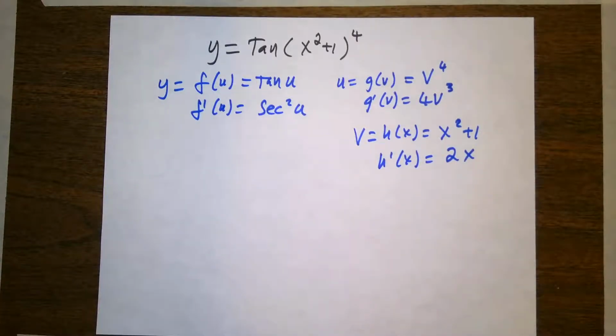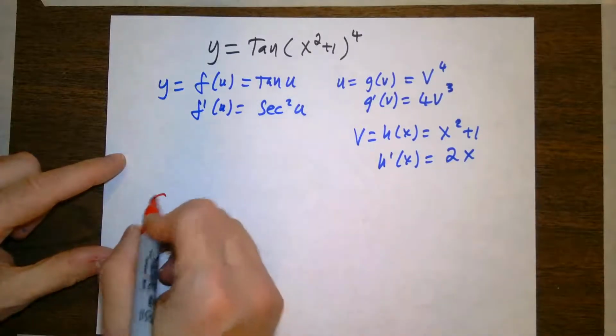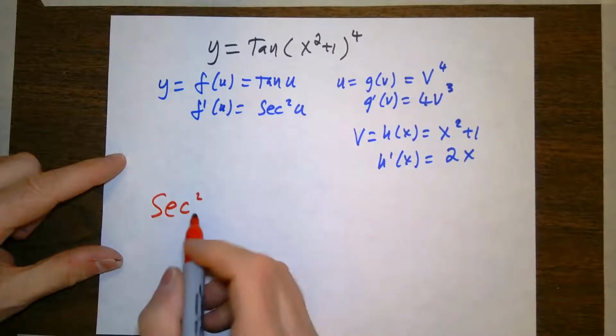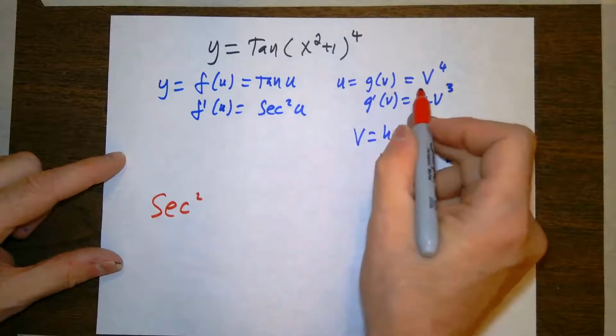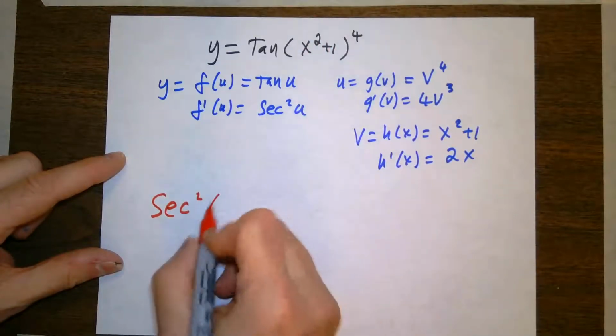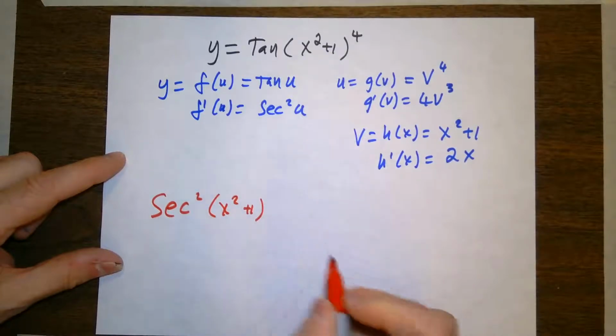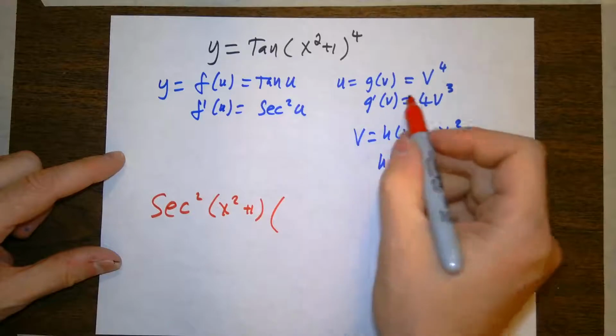Oh my goodness, this is getting crazy. All right, so can we write this all down? So I'm going to have secant squared of my u value. What is the u? The u is the inside bit here, my x squared plus 1. Times the derivative of the inside.